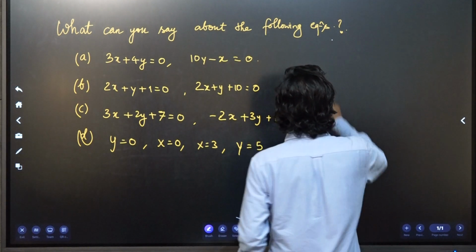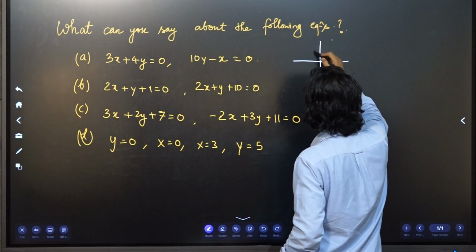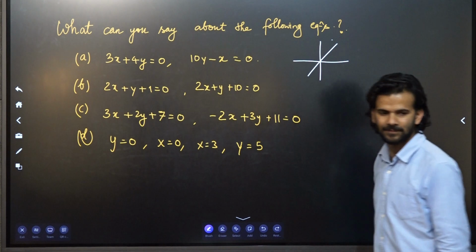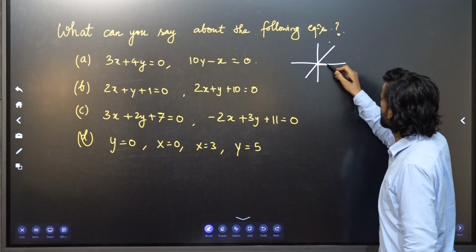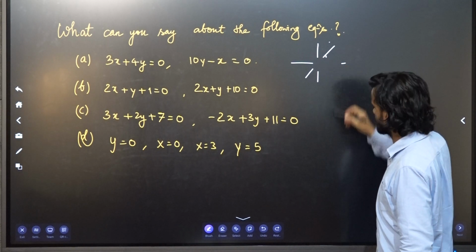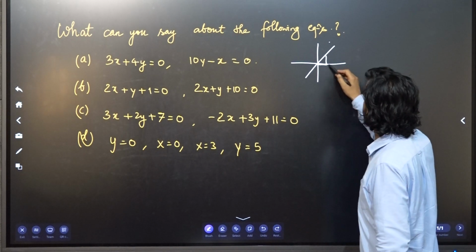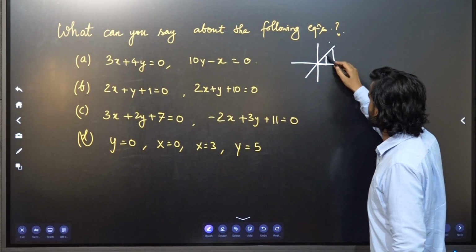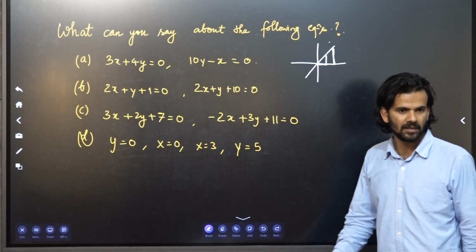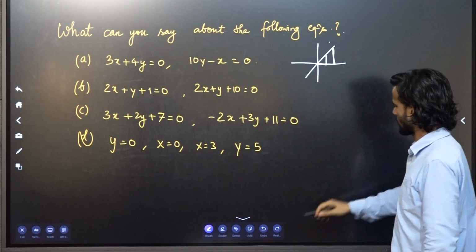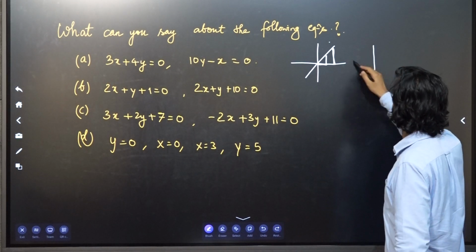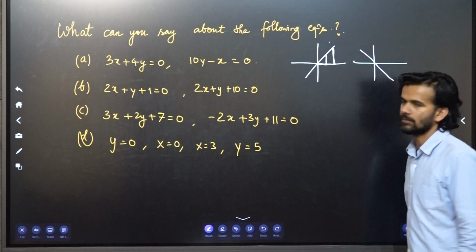So therefore, there is something else that you can say. It cannot be this one. Because here, if you move along x, what is happening? Y is rising, right? This one is greater than this one. It should be somehow like this.